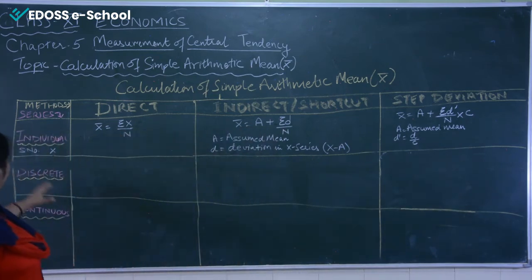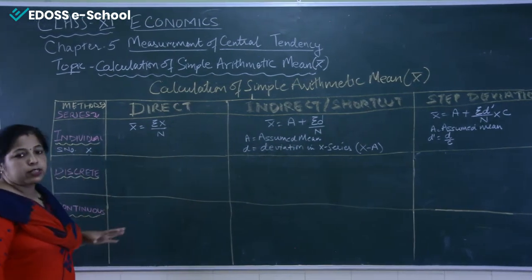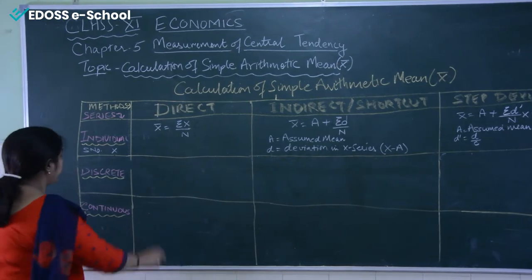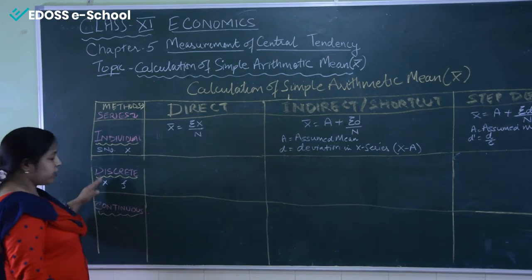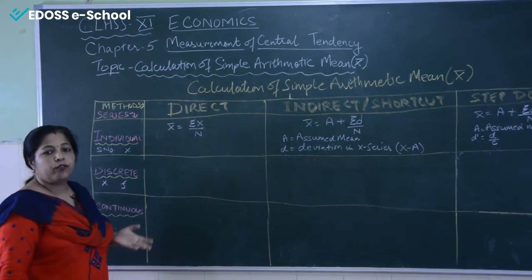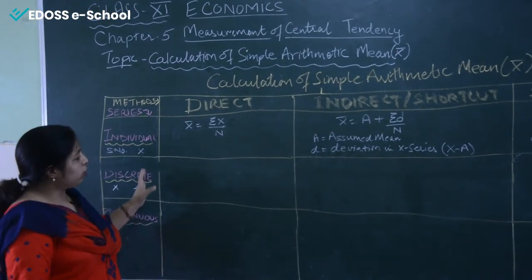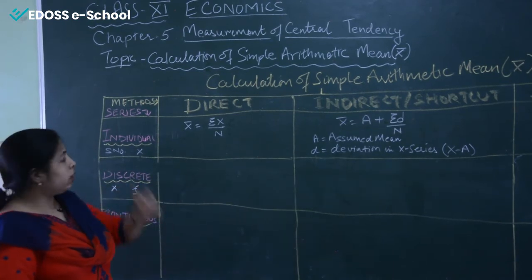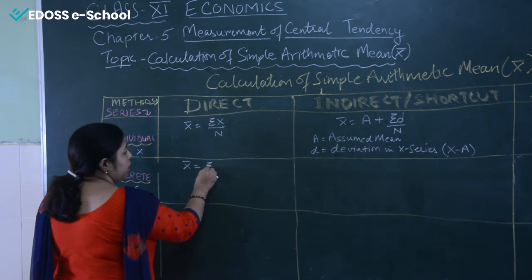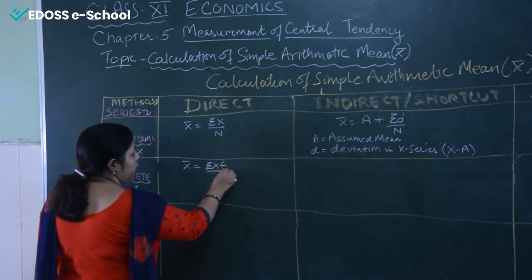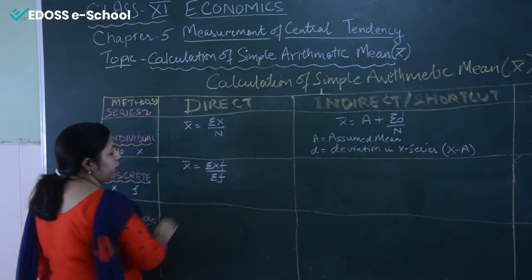Discrete series, as you all know, is that series in which two items are given, that is X and F. X is the data and F is the frequency. So the formula to calculate under direct method will be mean is equal to summation XF upon summation F.